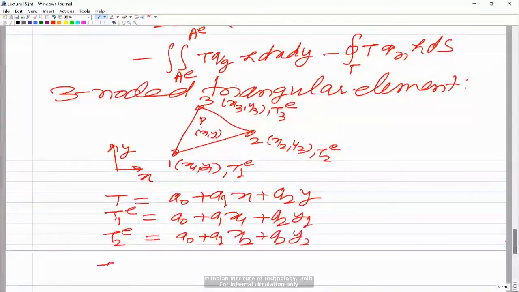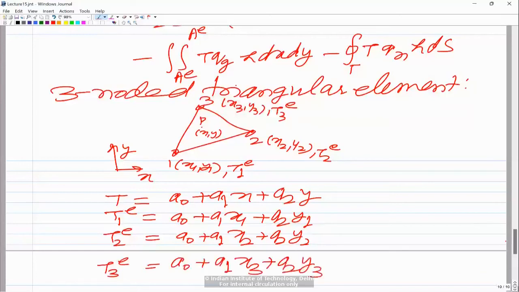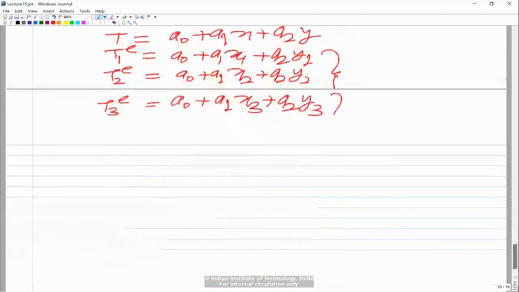And then t3e, that is t equal to t3e at x equal to x3 and y equal to y3. In the approximate solution we get a0 plus a1 x3 plus a2 y3. So these are the three equations, and we write them in matrix-vector form.